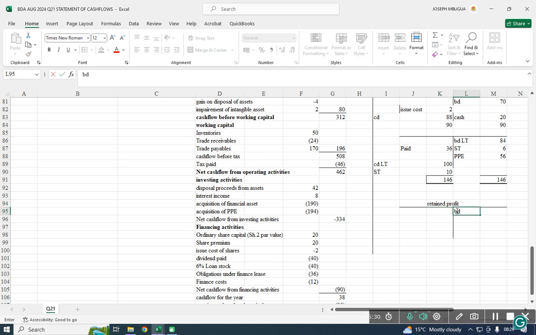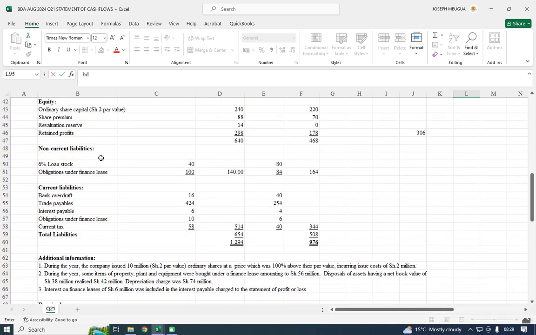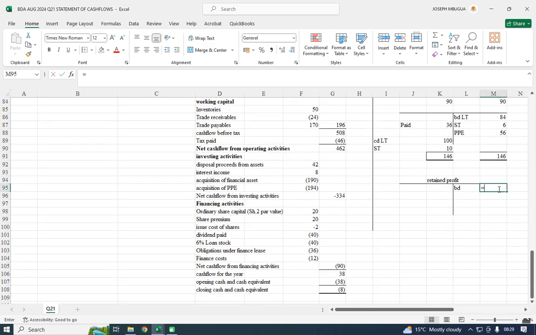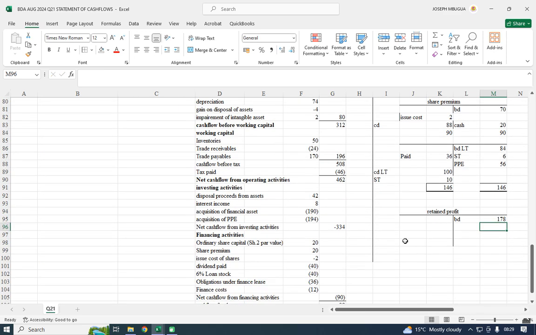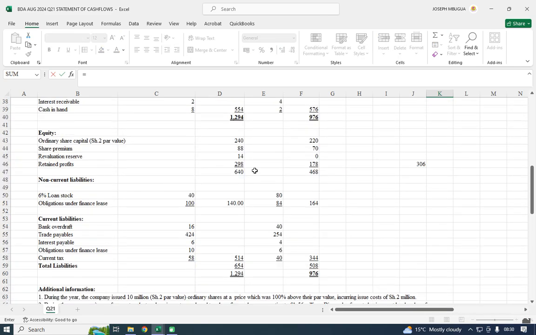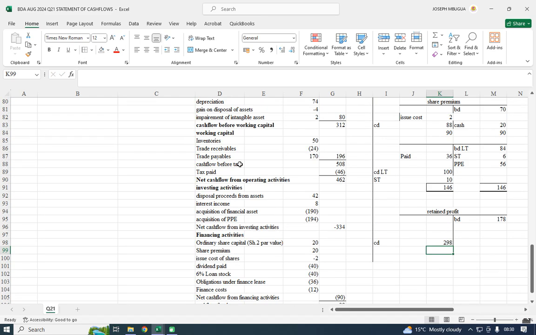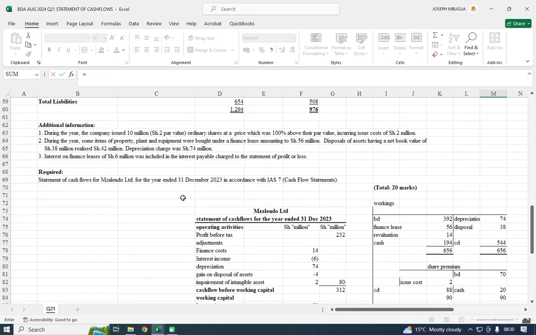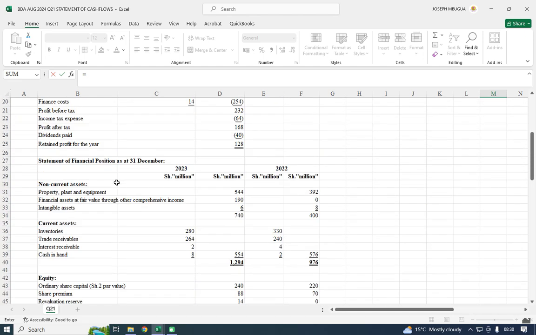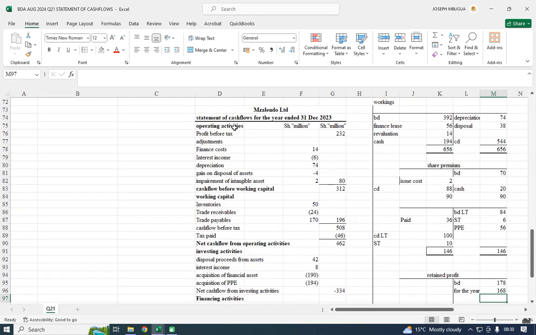So the brought down was this one, 178, and our carry down here, we had 298. So for the year, if we take the profit for the year, just before the retained profit for the year without dividend, the profit after tax was 168.